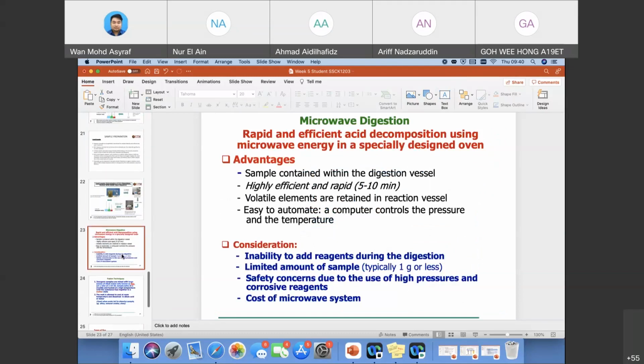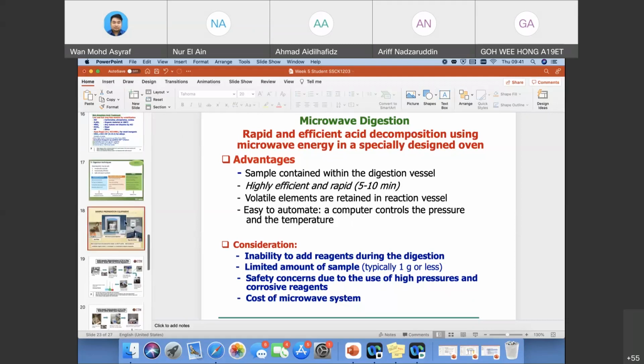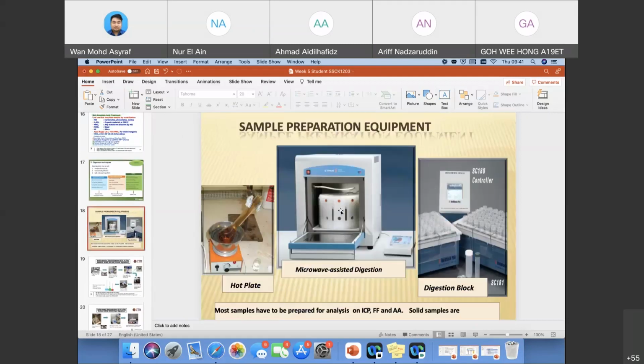All right. So microwave digestion, this is what I've said before. Microwave digestion is a rapid and efficient acid decomposition using microwave energy in a specially designed oven. This is an example of a microwave. You put your sample inside the tube and close it.